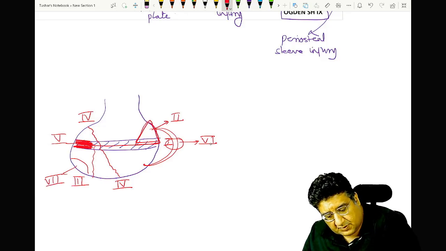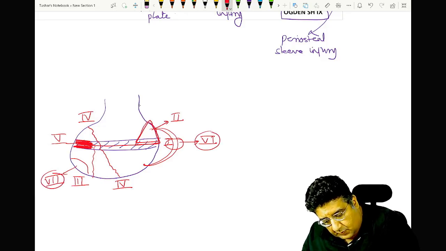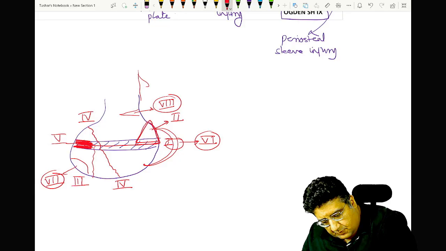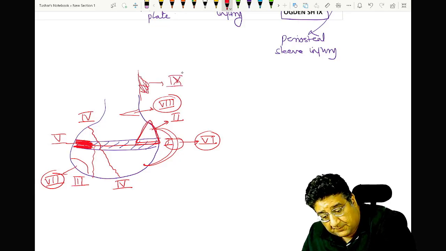I mean, this was Rang and this is Ogden. What you see here is type 8 metaphysis, and what you see in the periosteal sleeve injury is type 9.